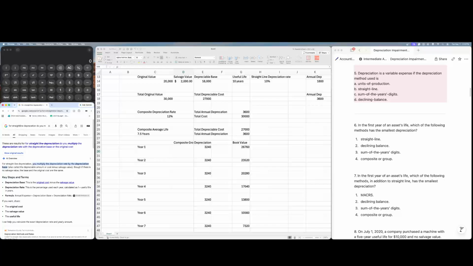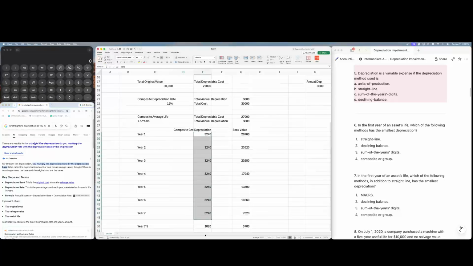But with double declining, you don't calculate the depreciable base, and instead you multiply the depreciation rate with the original cost, as well as with the composite group depreciation method.